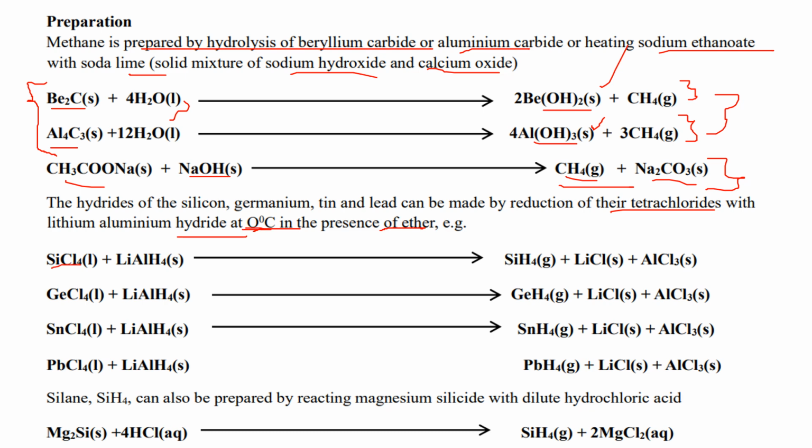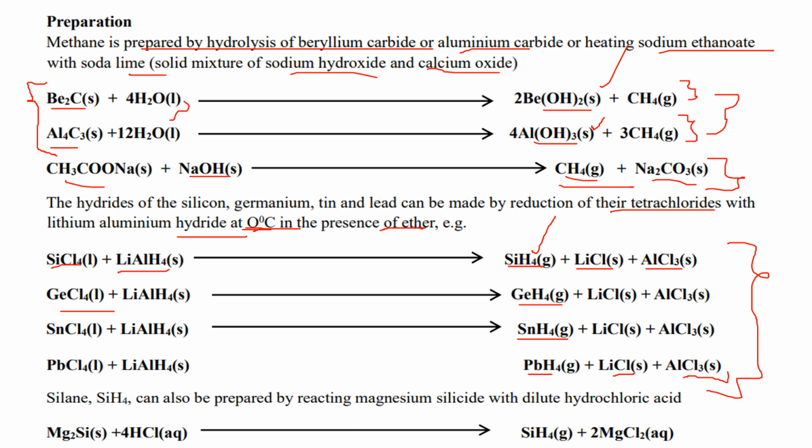So silicon tetrachloride reacting with lithium aluminium hydride, we form silane. Silane is the hydride of silicon. Lithium chloride and also aluminium chloride are formed. For that of germanium, we form germane, and for that of tin, we form stannane. For that of lead, we form plumbane, together with lithium chloride and aluminium chloride, and they are going to be represented by such equations.